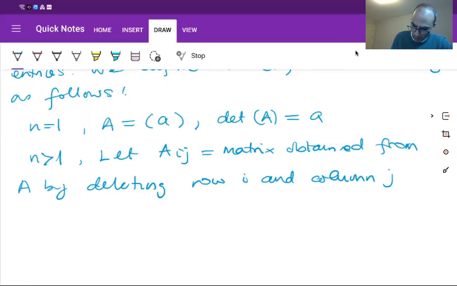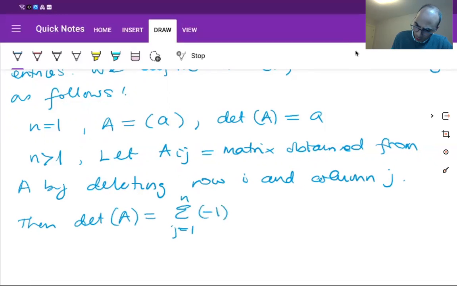Then we define the determinant of A by this sum: the sum from j equals 1 to n of (-1) to the 1 plus j times a1j times the determinant of capital A1j.